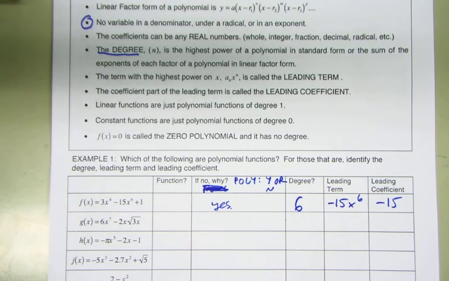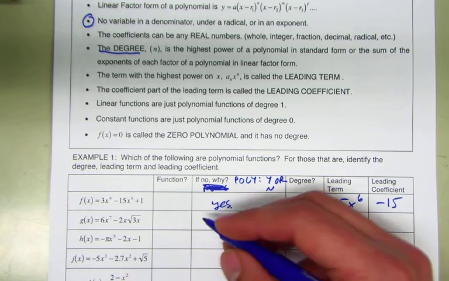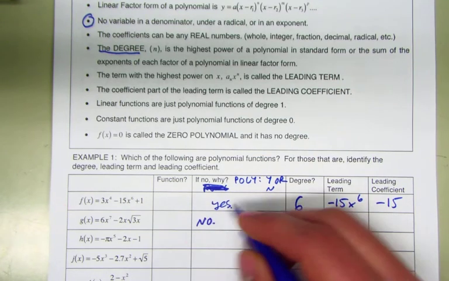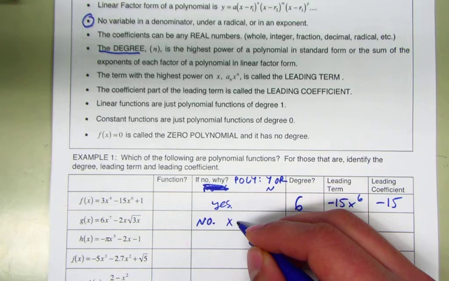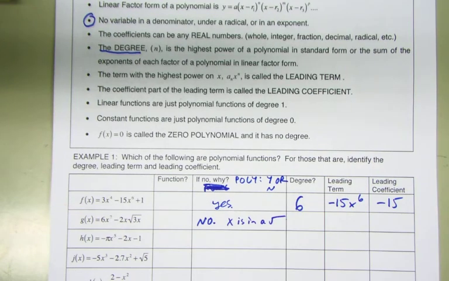Now, for G, what do we think? No. Why not? X is in a radical. Perfect. So we're not going to answer anything else. What about this next one?